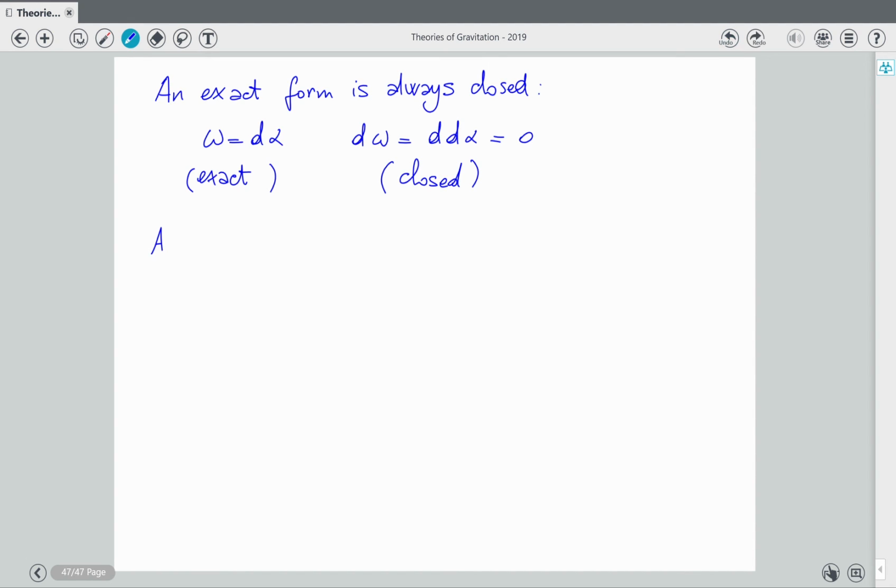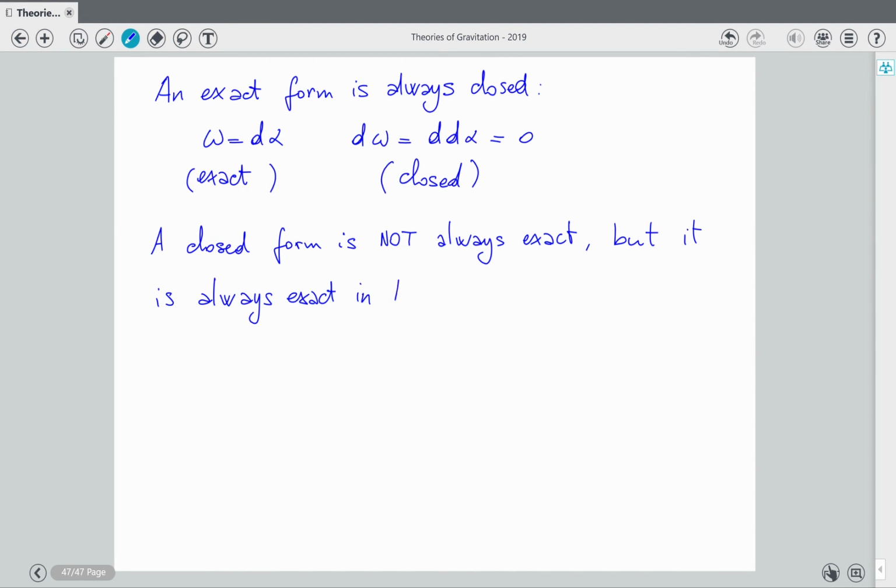A closed form is not always exact, but it is always exact in Rn or an open subset.